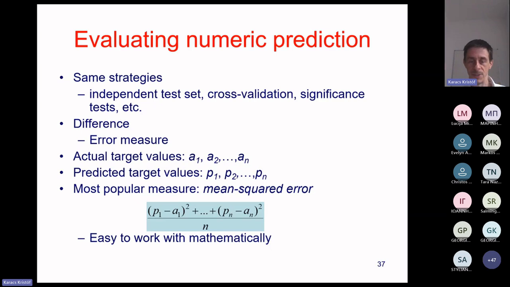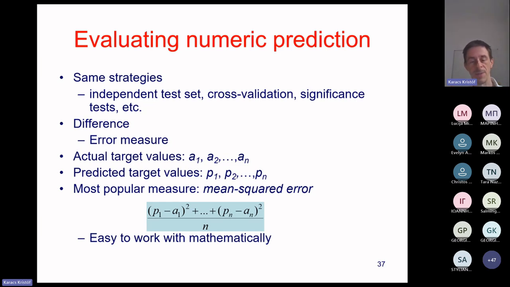Although you can take just the absolute difference of the predicted and the actual values, the most typical error measure that is used is called the mean squared error, where instead of taking just the absolute difference, you take the square of the difference. The reason for this is that it is easier to work with mathematically when you are trying to compute your models. The main advantage lies in the property of these squared sums, that this is a function that we can easily differentiate.